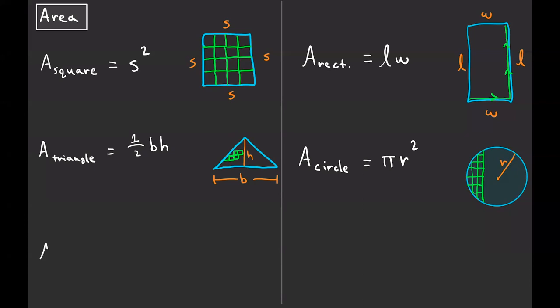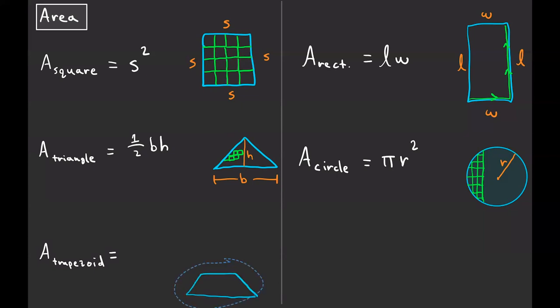We're going to look at the area of a trapezoid. A trapezoid is a weird looking shape. So for our trapezoid, we're going to have a length down there, a length there.